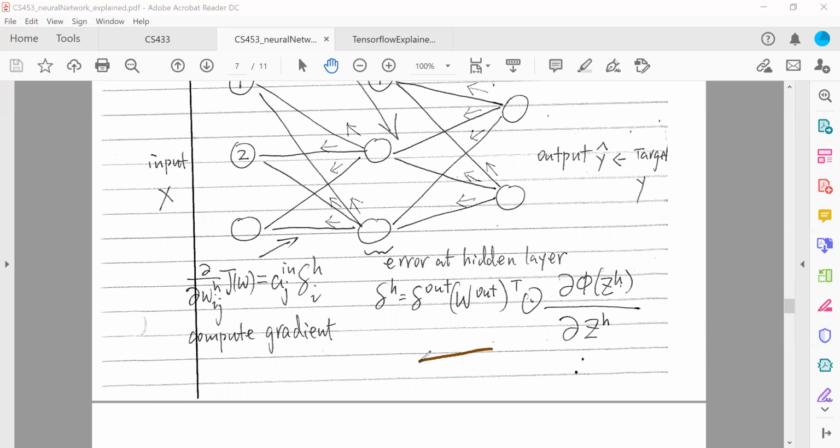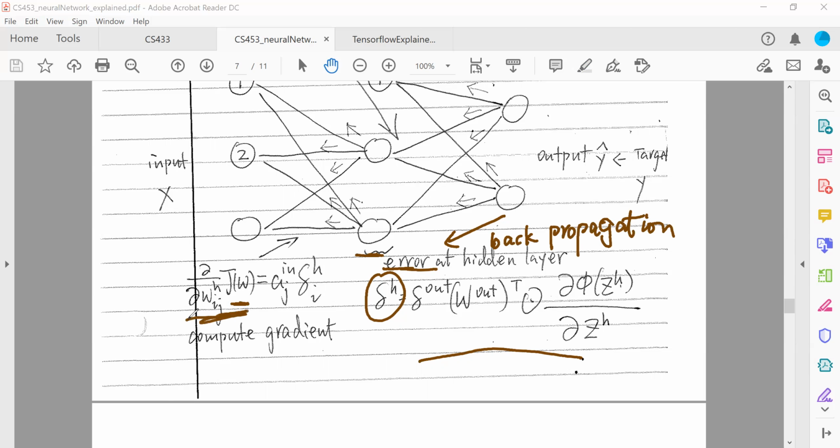Then from this, you can find the hidden layer error. That's why we say it's back propagation: you push the error from the output layer to the hidden layer. Once you have the hidden layer's error, the corresponding gradient is the input layer's activation output times the corresponding error.